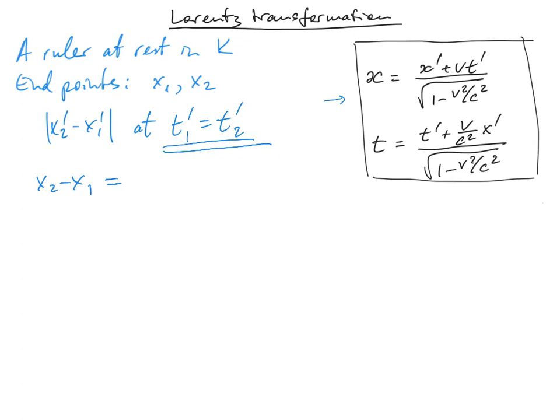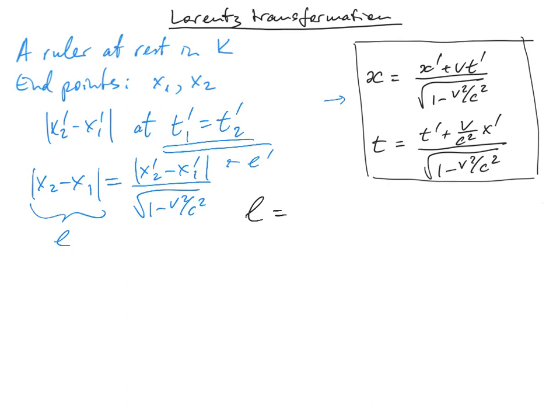So we'll simply find x2 prime minus x1 prime divided by the square root. Okay? Now, this is L, and that is L prime. So we find L equals L prime divided by square root 1 minus v squared over c squared, or L prime, that's what we want, is L times the square root.